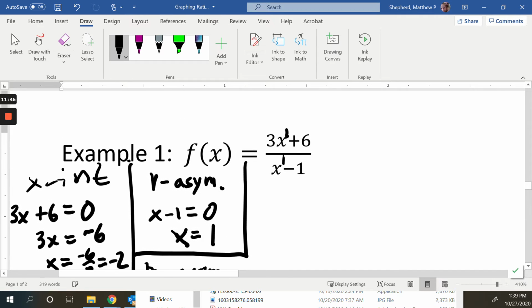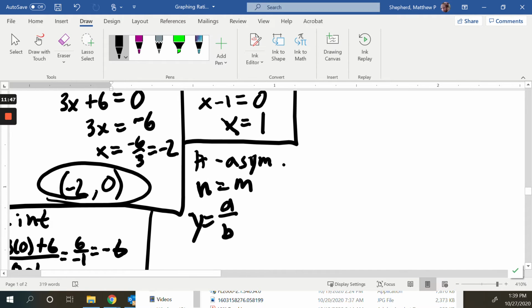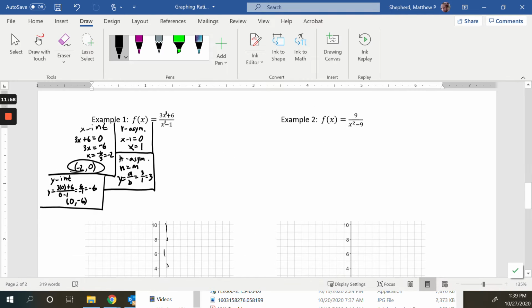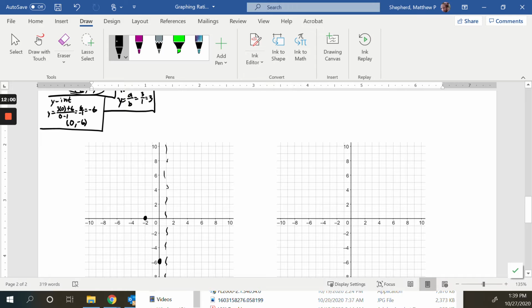In this problem, we had a 3 for a and 1 for b. So it's just y equals 3. All right, so my horizontal asymptote is right where y equals 3.